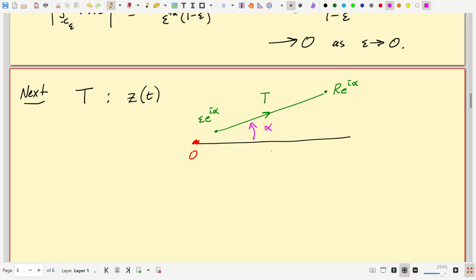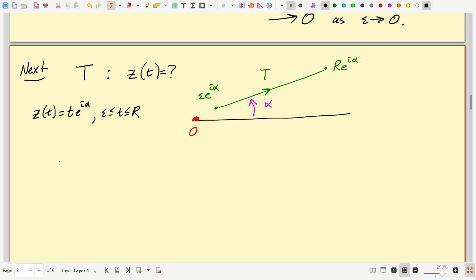It's the t, I want to go from epsilon to r in my integral. And so the natural way to parameterize this thing, so I'm asking what the heck the z of t is. The z of t ought to be t times e to the I alpha, as t ranges from epsilon to r.